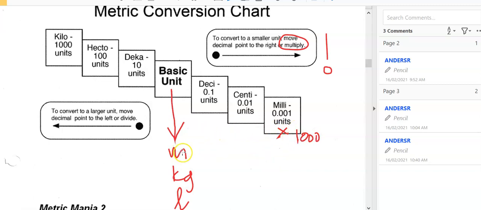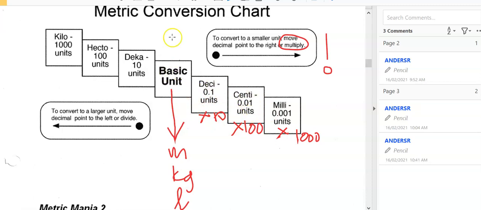To convert from meters to centimeters, you must multiply by 100, you must make it 100 times bigger. And if you're converting from meters to decimeters, you must multiply by 10. That's it. So that's 1 space, 2 spaces, 3 spaces, so that's times 10, times 100, times 1,000.